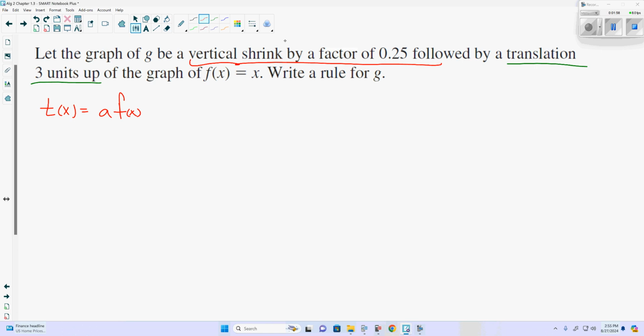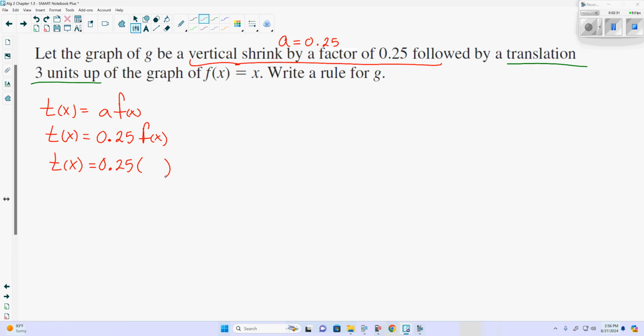Now, a is our amount that we are stretching or shrinking the graph by. So our a, our amount that we're applying to it, is going to be 0.25. And we can go on and replace the a value with 0.25. Now, since we still have f of x, we can replace it with what it's equal to.